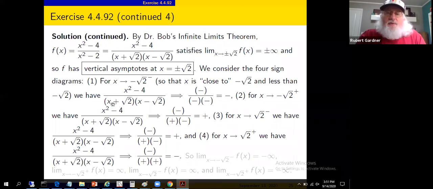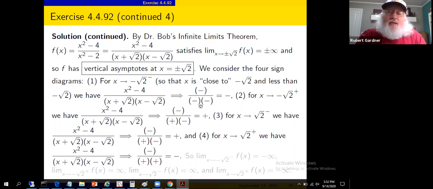X is close to negative square root of 2, then this is close to 0. Close to 0, and positive or negative? Well, close to negative square root of 2 and less than negative square root of 2. So I've got something less than negative square root of 2, I add square root of 2 to that, there's a little bit of that negative left over, and the sign of that factor is negative.